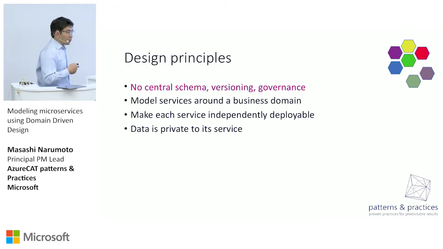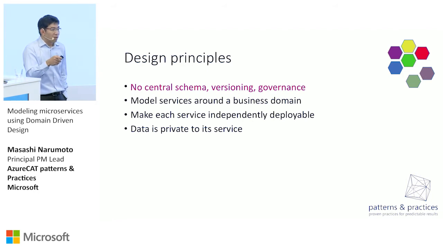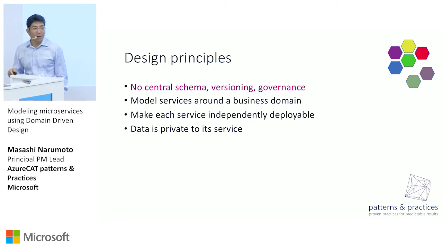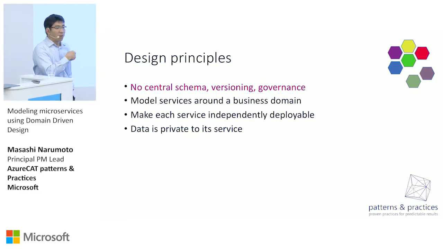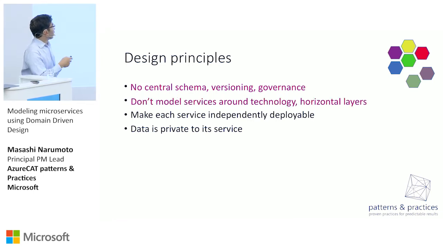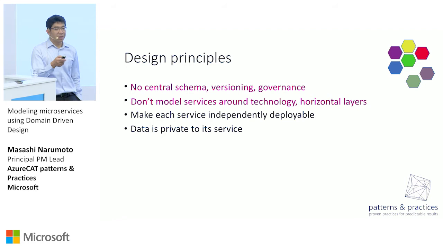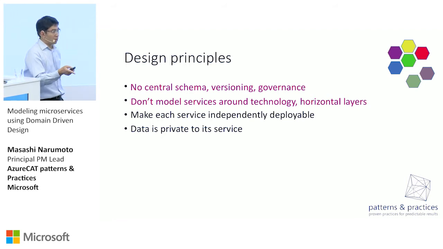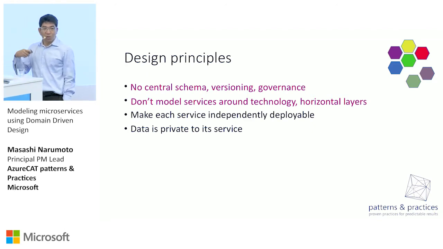Model services around a business domain. All of those microservices should be modeled around the business domain. That's another principle from Sam Newman's book, if you are familiar with it. Again, let's look at this from the opposite angle. Don't model services around technologies or horizontal layers. Don't create a service just for a SQL database or Cosmos database, because we change those technologies a lot. Three months later, who knows, you might want to change SQL database to Cosmos.